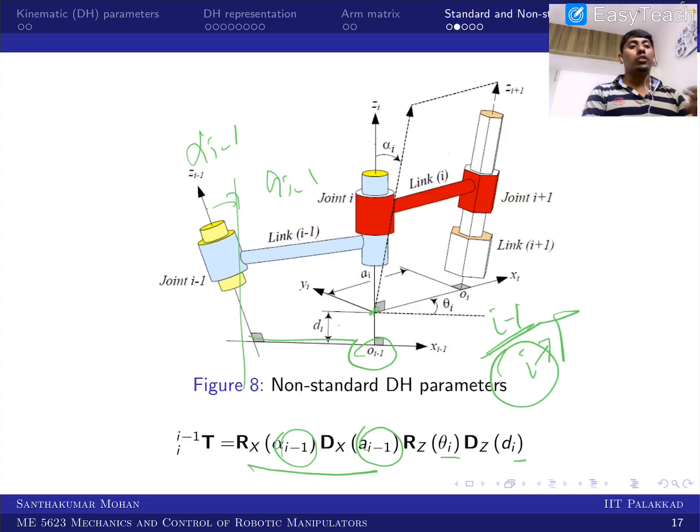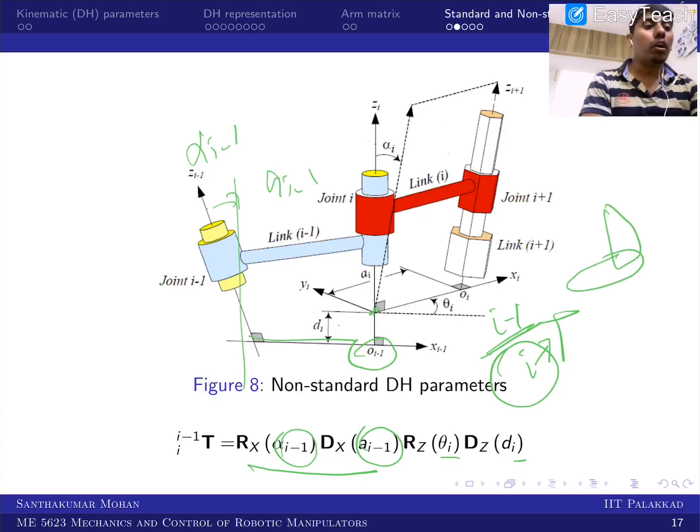The joint variable happens on the particular joint, but the link parameter is with respect to the previous joint. So that is the indirect mode: you are taking these two bodies, and you are looking at how far apart they are in distance or angle, and that you represent in the corresponding joint.